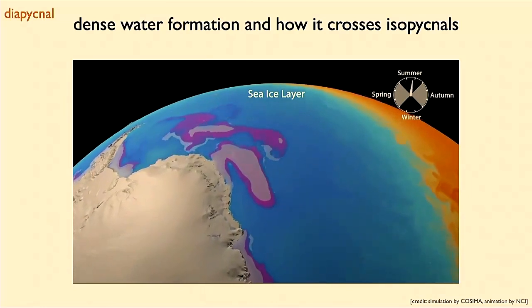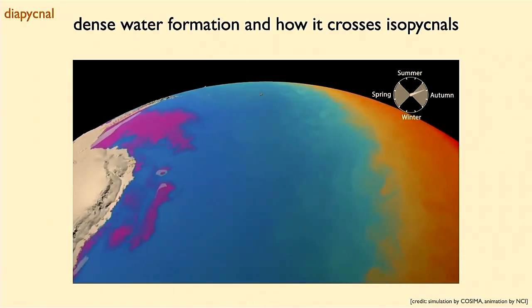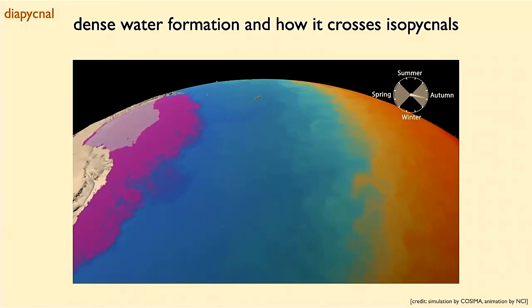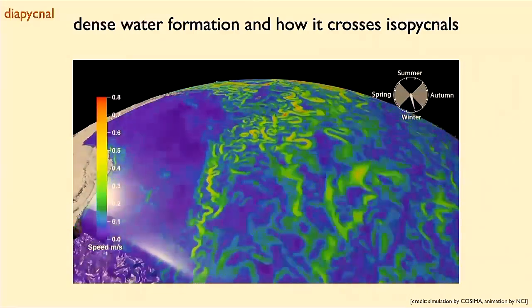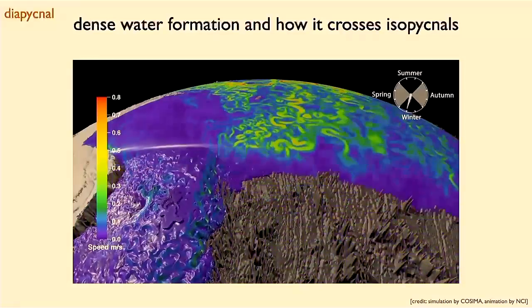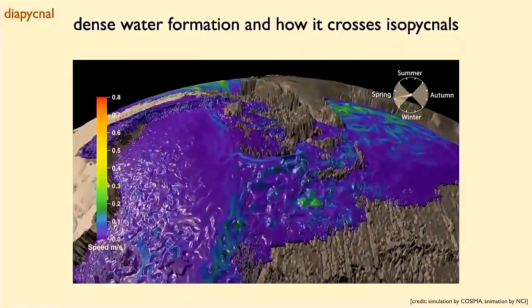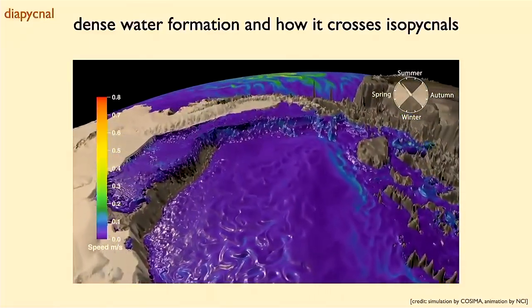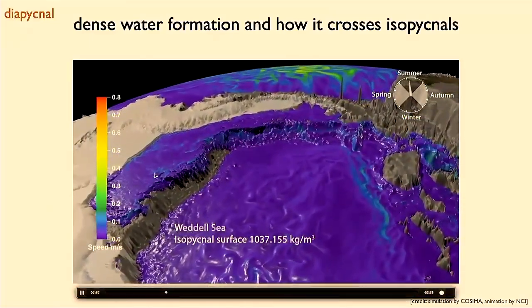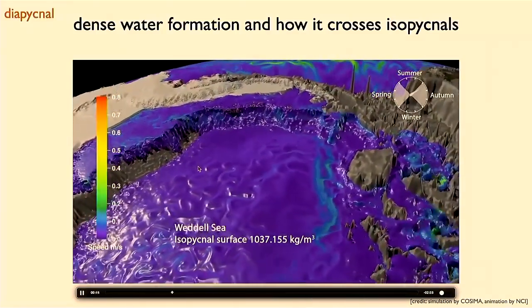So there's a video. The video talks now, but now I'm doing the talking. Anyway, we will go under the sea now and see how this dense water formation cascades down. What's plotted here is a particular isopycnal that corresponds to the densest water that we know. You see near the Antarctic margins, it's at the surface, but somehow it cascades to the abyss.